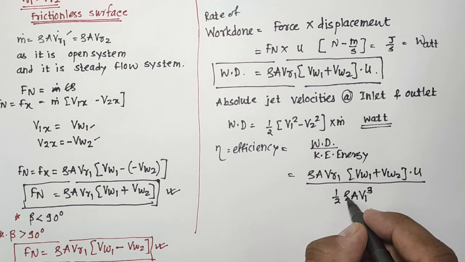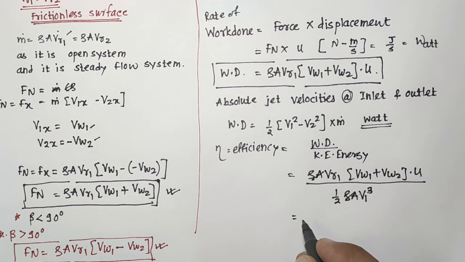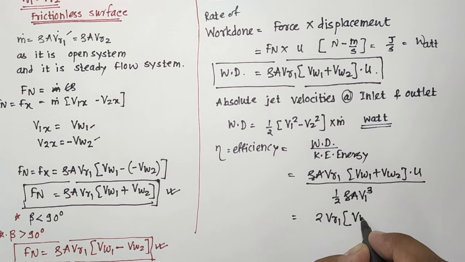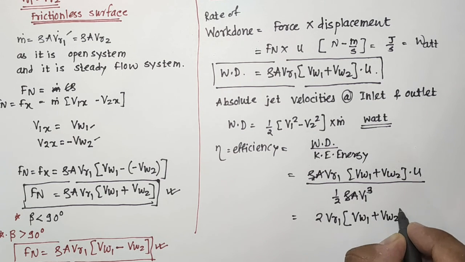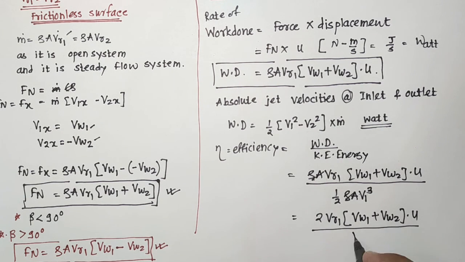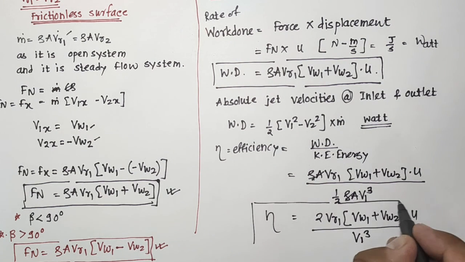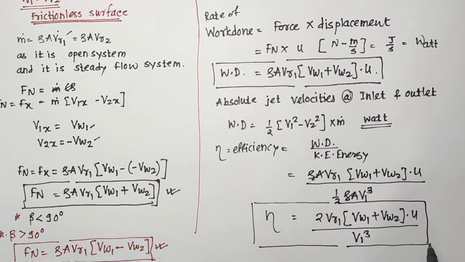So rearranging, rho A gets cancelled out, and rearranging that equation we will have 2 into VR1 in bracket VW1 plus VW2 into U divided by V1 cube. So this is what we call the efficiency of that particular jet if it is striking a flat unsymmetrically curved surface and the jet is entering into that particular curved surface tangentially. Thank you.